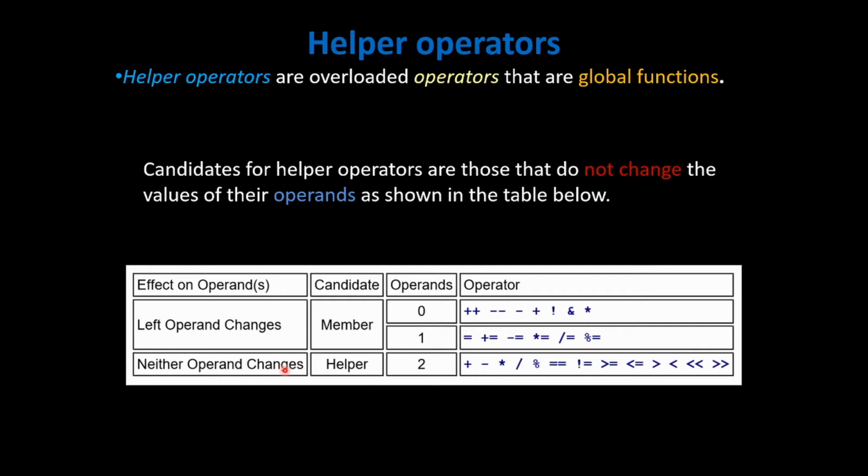So the left-hand side and the right-hand side, they don't change. And that makes it a candidate for a helper operator. And of course, these are all the different operators that we can use. And notice that these operators are not actually the same as the ones above it. So there's no two that are alike there.